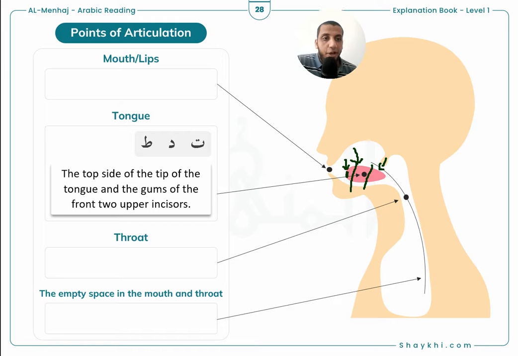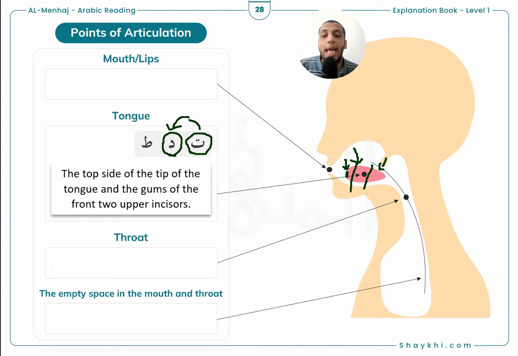First of all, the difference between ta and dal is the vibration of the vocal cords. When we pronounce a dal, we will find that the vocal cords are vibrated, so this letter is called a voiced letter.